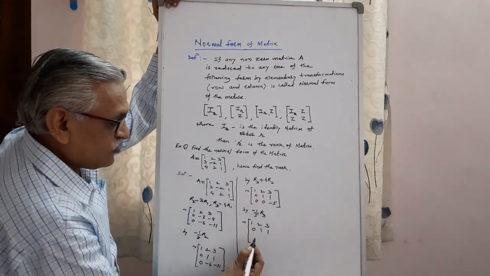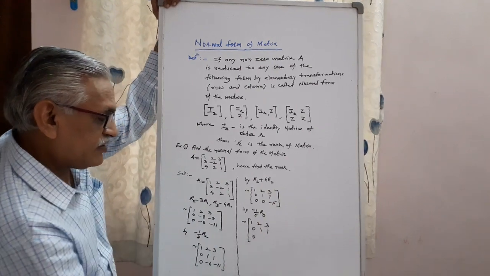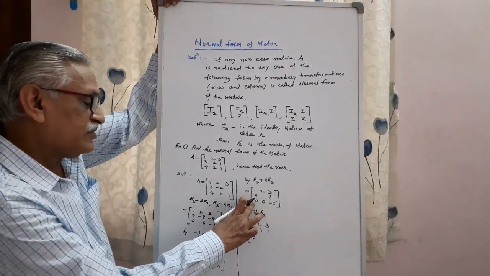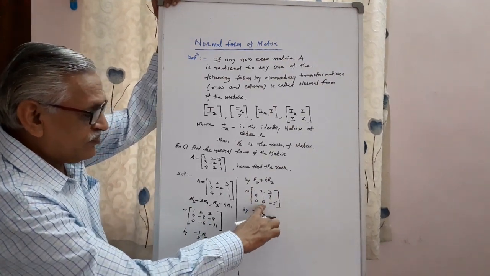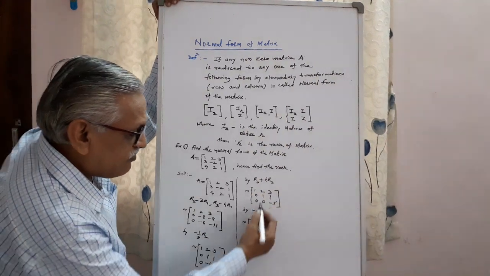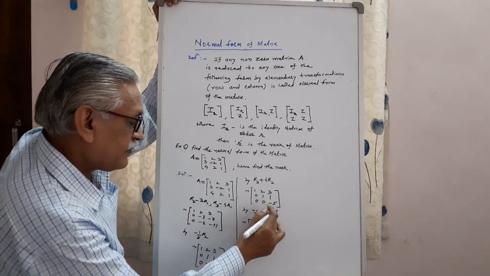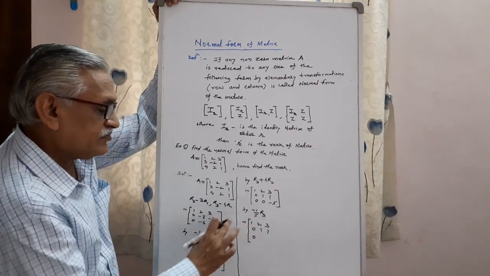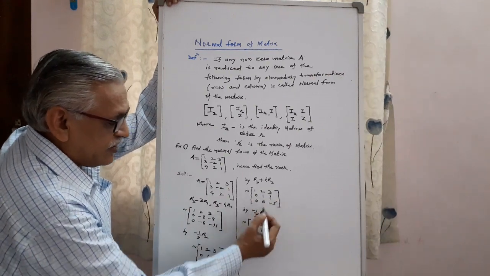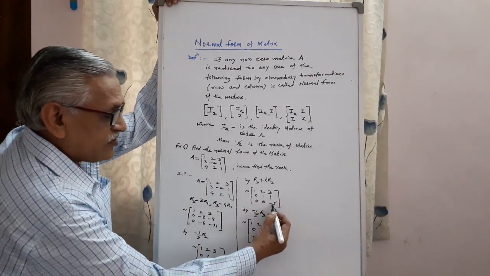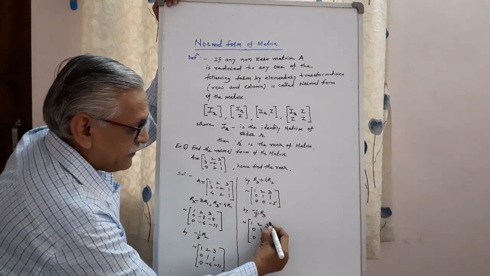Third row changes: 0 remains 0, then 0 remains 0, and minus 5 into minus 1 by 5, we get 1 here.